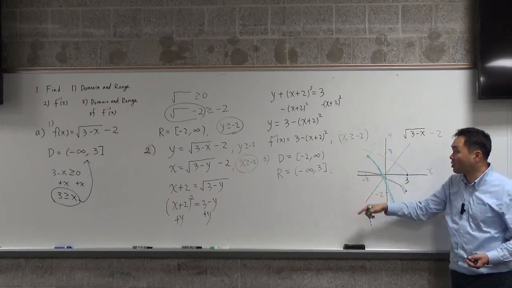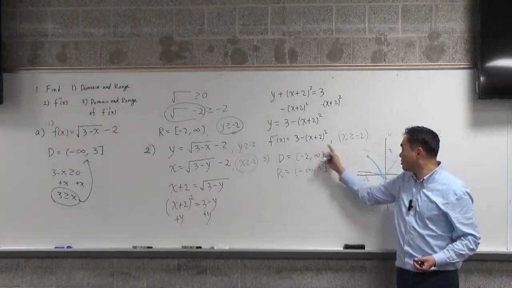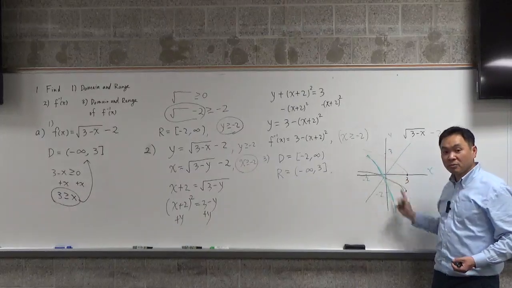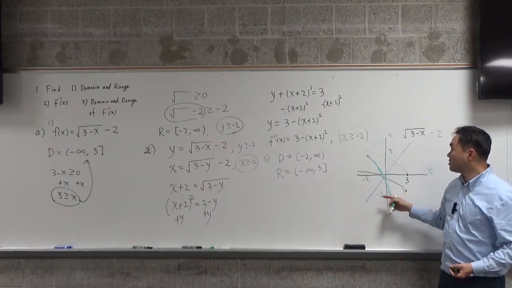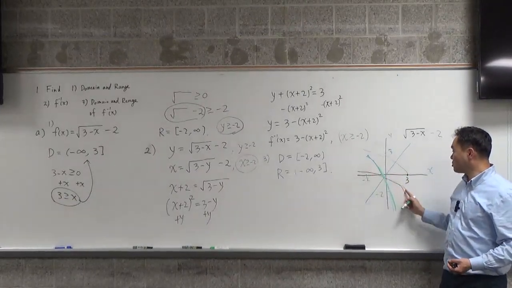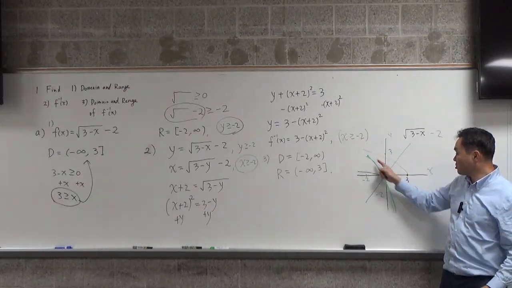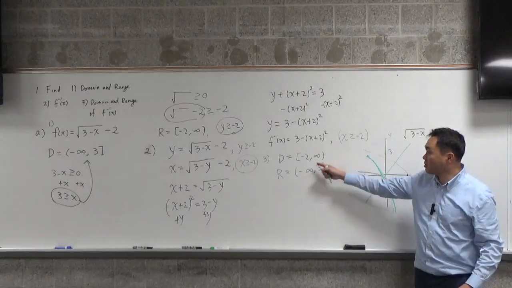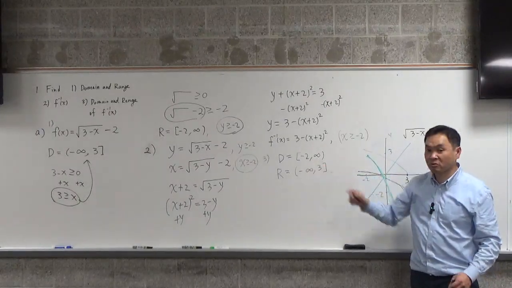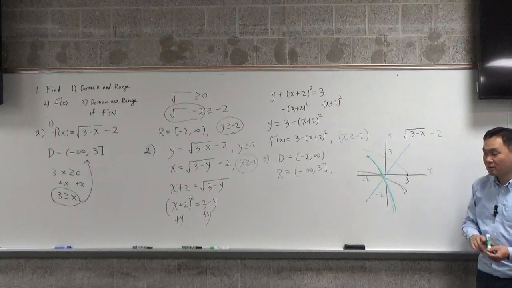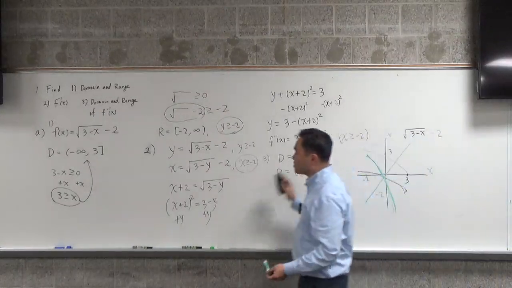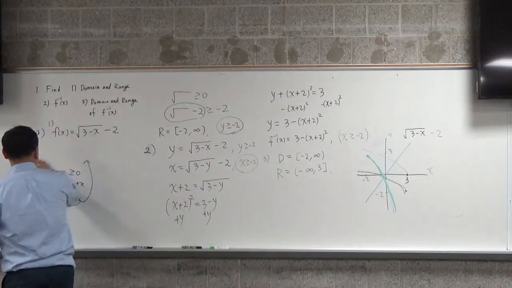It's not the full parabola. If you had the full graph, then it would be giving you the full graph. But since this is the original function, you're changing x and y, it just gives you half the parabola. And that's why the domain is restricted. So that's one point that's a bit delicate.